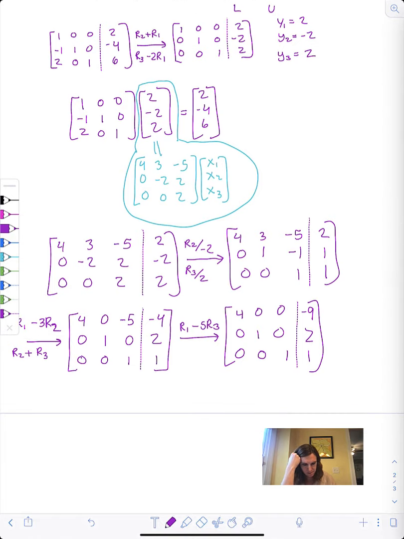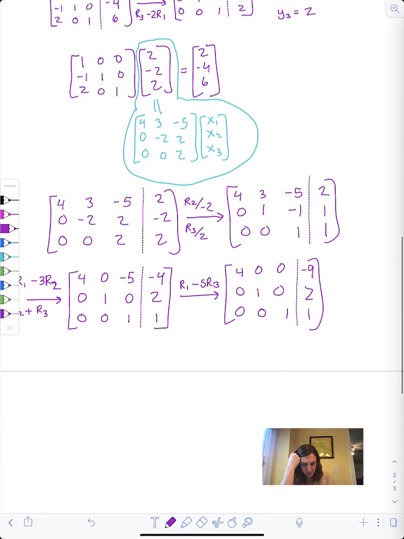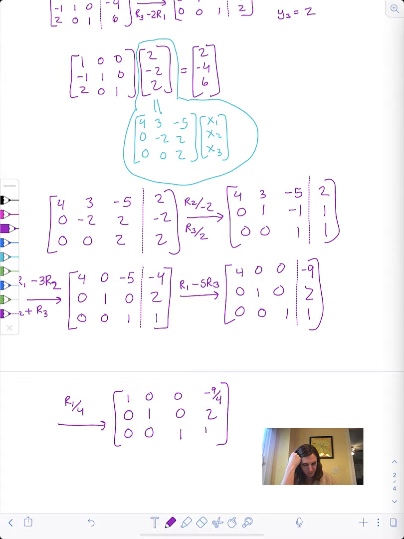And did I do that right? Okay. And so finally, we just need to divide row 1 by 4. I'm a little worried that I made a small error. But I may have made a small error in my notes when I was formulating this earlier.